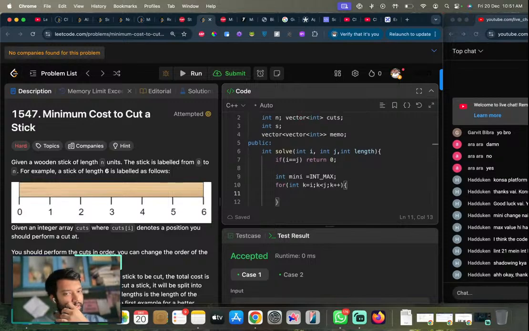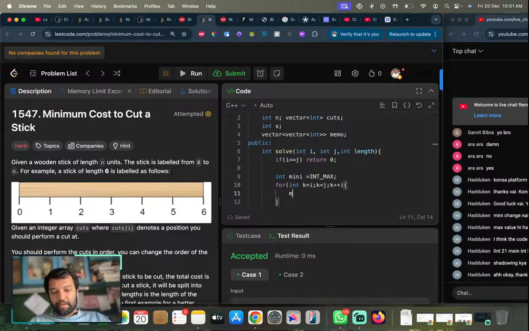Cool. j is exclusive. Mini equals to min of solve of first this partition. So i inclusive, comma k minus 1.